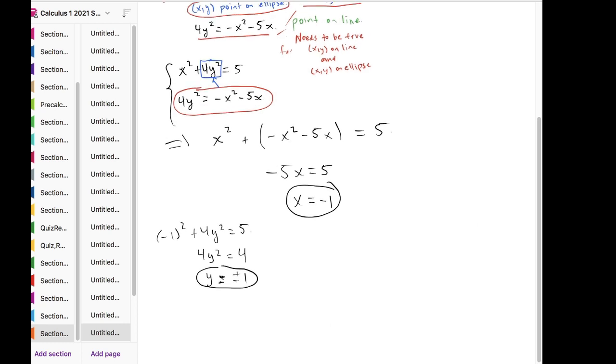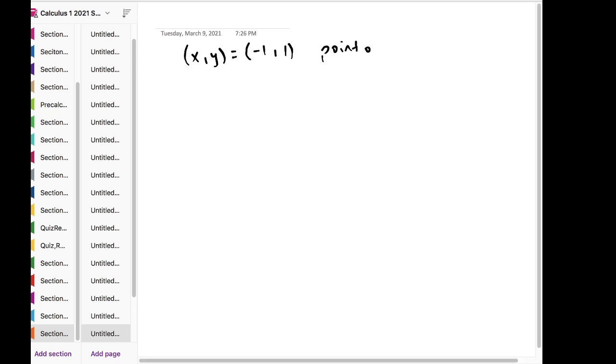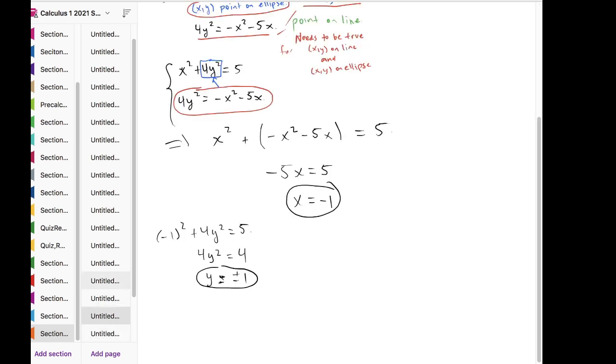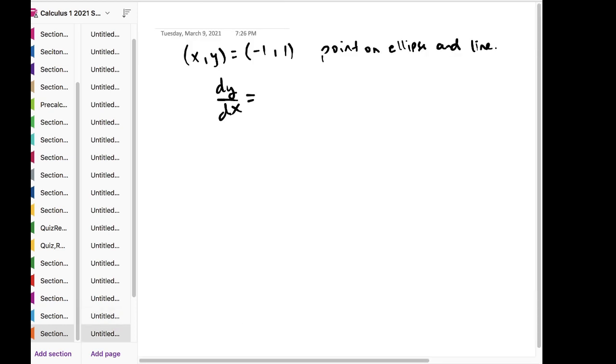Okay. Let's just do a new page, and then we have x, y is equal to -1, 1. This is the point on the ellipse and line. We have dy/dx is equal to -x over 4y.